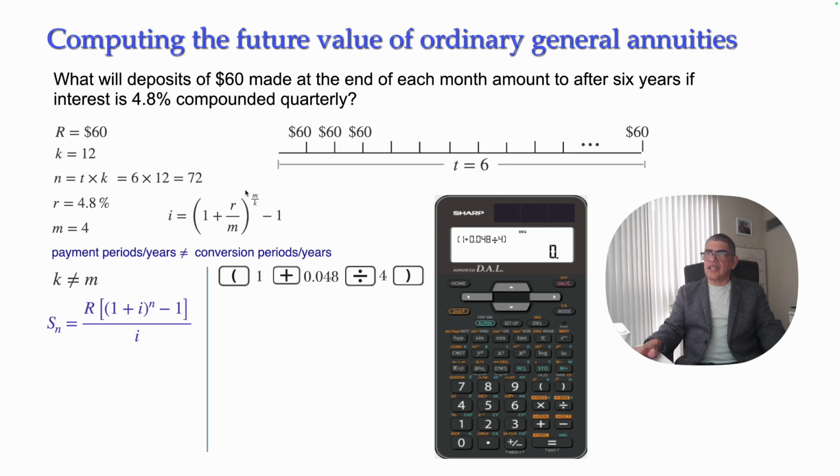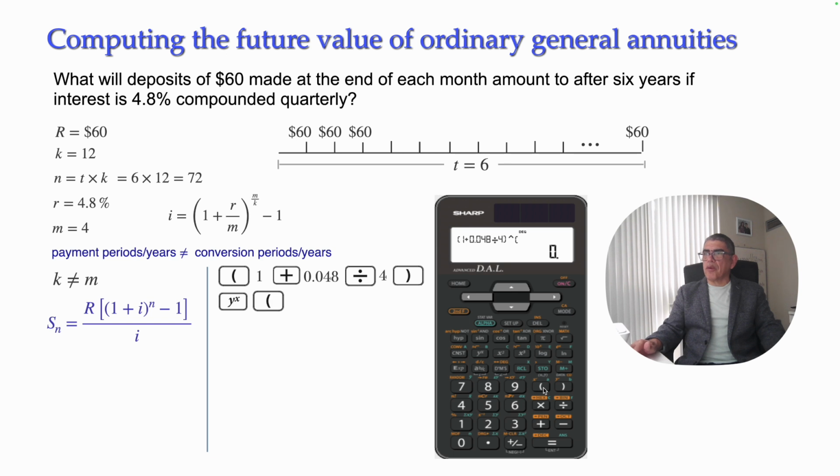But I noticed that it says to the power m over k. So I will be raising this to the power m over k. This is the key for power, so I'm going to press the key for power and open bracket. Anytime that we have an operation in the exponent, with a calculator like this, it is a good idea to put this operation in brackets.